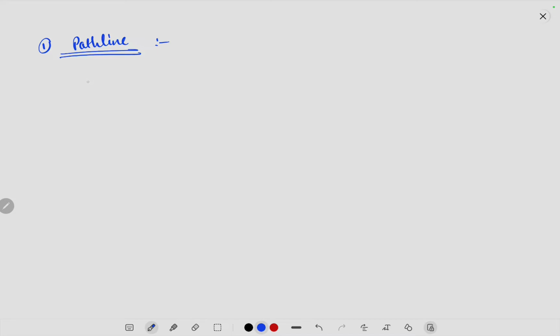A path line is the path followed by a fluid particle in motion. Actually, instead of writing fluid particle, let's write a tiny fluid element.